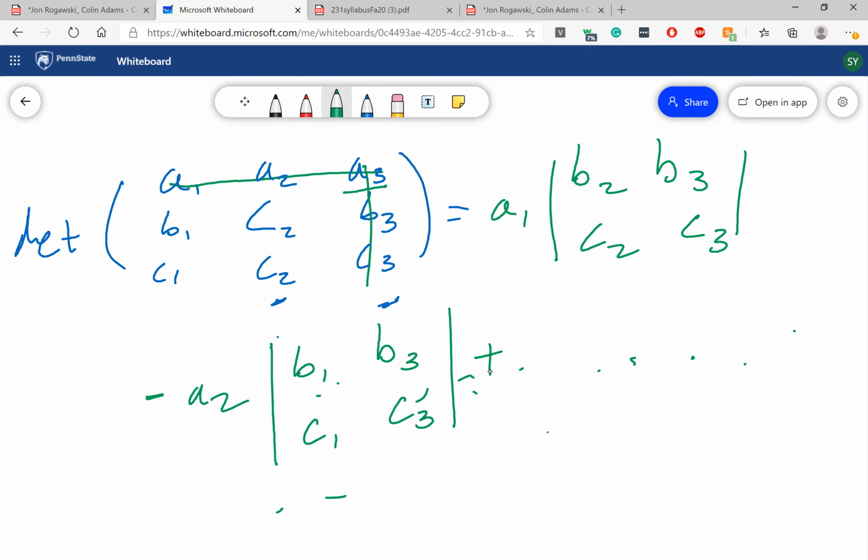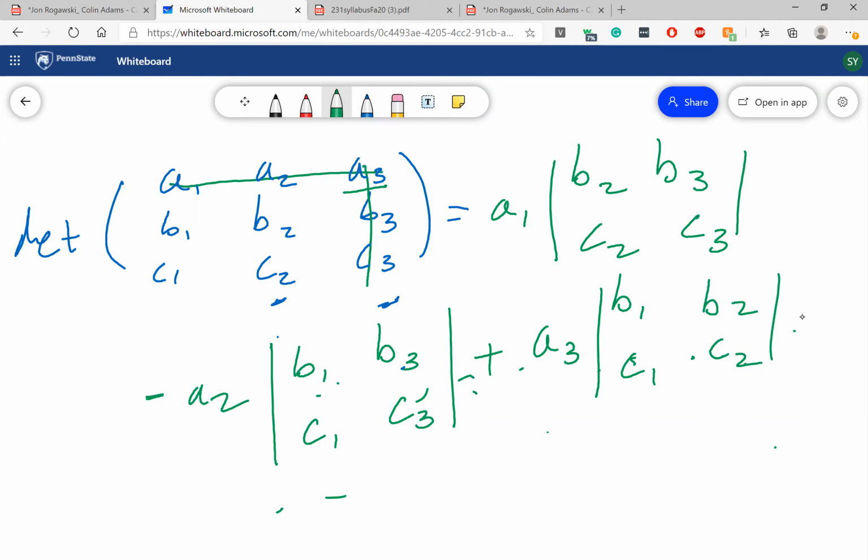So this is going to be plus A3 times the determinant of the matrix B1, B2, C1, and C2.